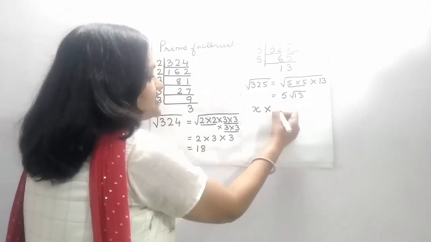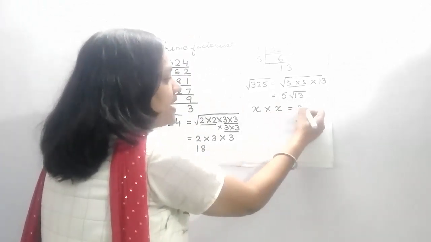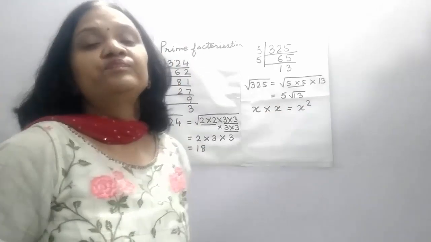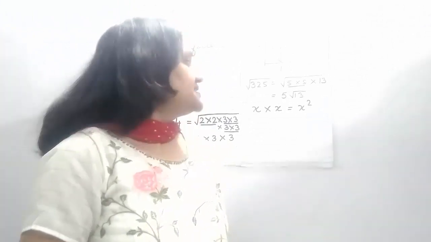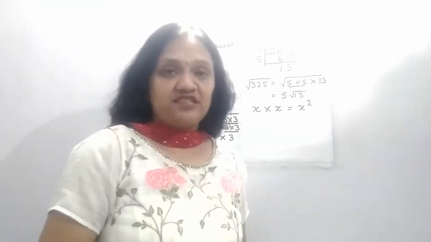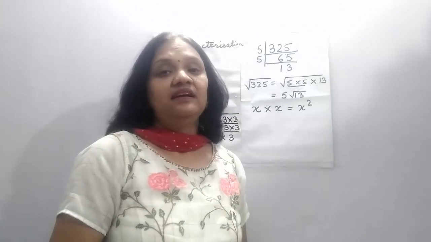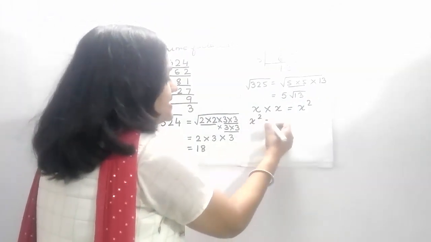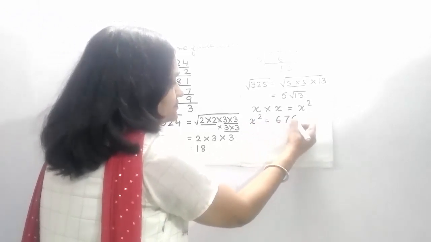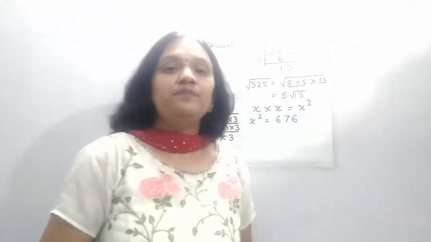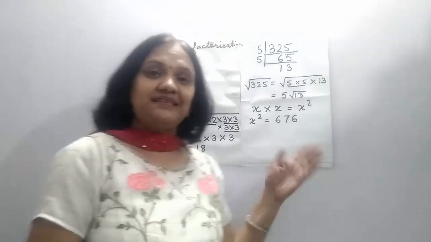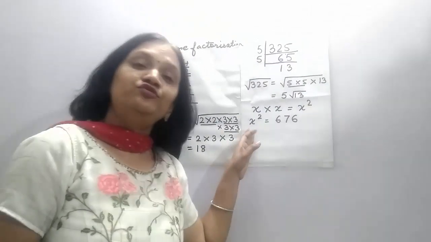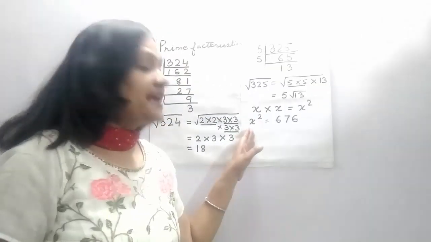So we have x into x, x square number of seats in the auditorium. And if it is told to us that the total number of seats in the auditorium is 676, then can you find the value of x?